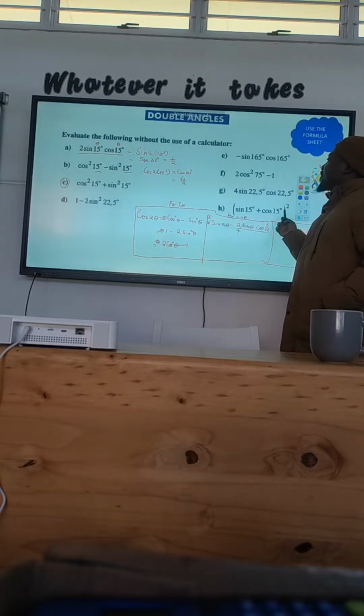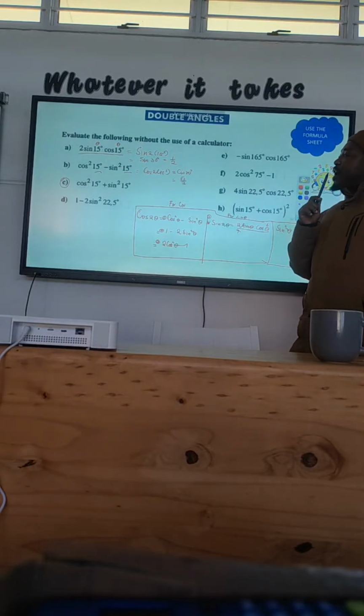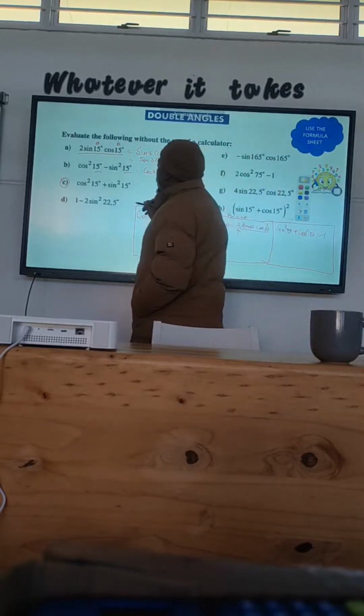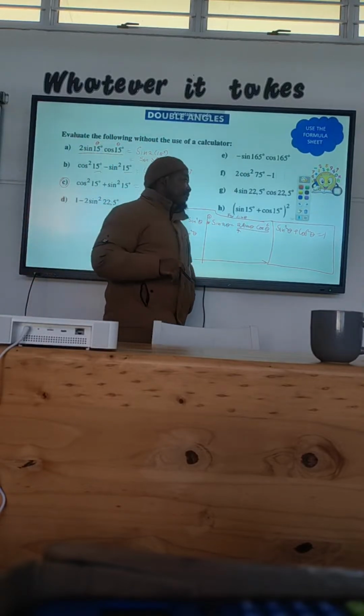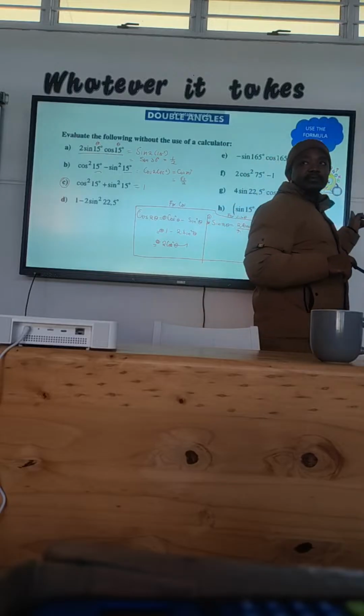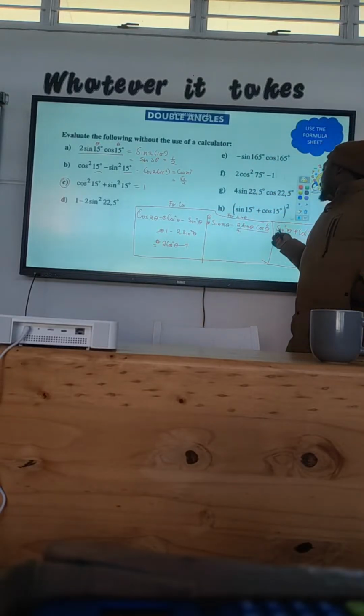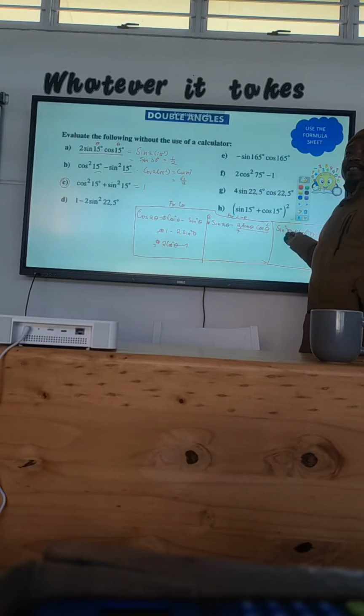If it's the sum of sine squared and cos squared, our answer will simply be, we have learned that in grade 11. Identities, we have learned that in grade 11. So this is what we learned in grade 11.